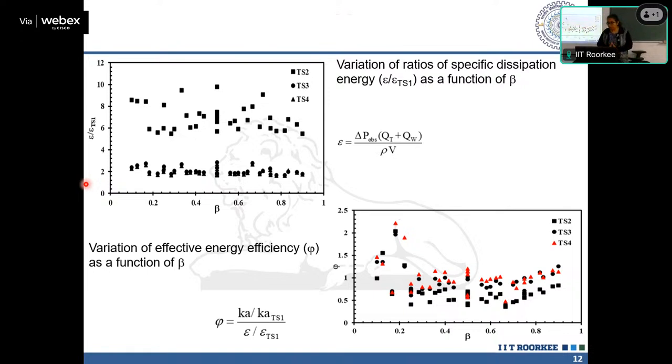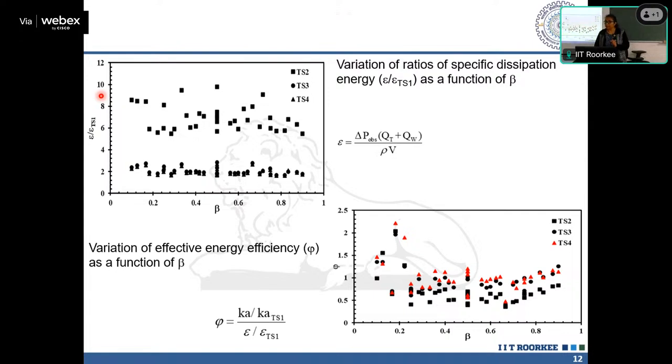We have noted the least is for the straight 2 mm geometry. So we have calculated this ratio: viscous dissipation for a particular test section, let's say TS2, TS3, TS4, all divided by TS1. Why this?